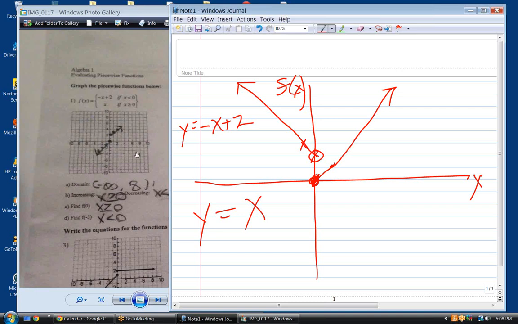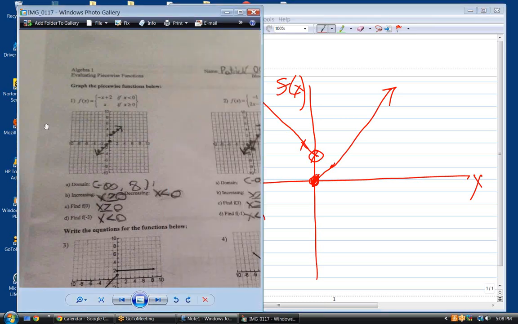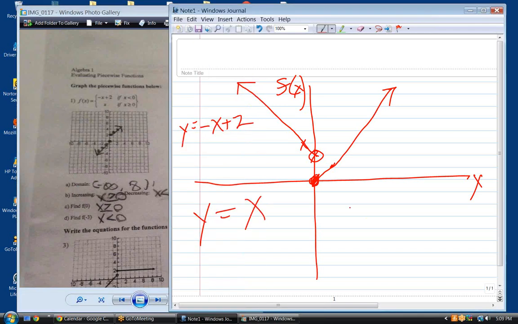Now, let's talk about each of these. We have to do these for each problem, right? Yeah. So, the domain. If we look at my graph, we can see that x goes from negative infinity to positive infinity, which is what you wrote. That's good.